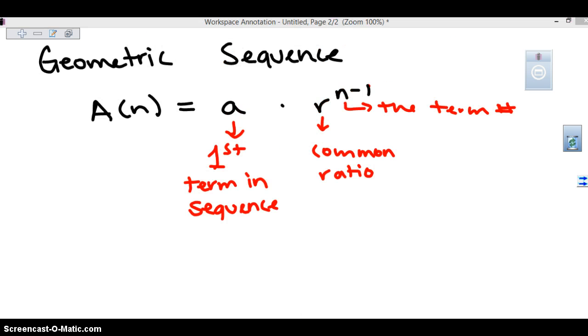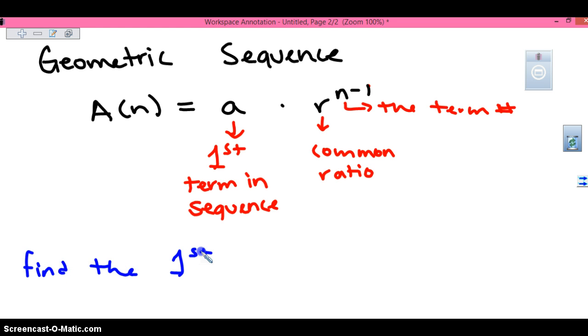So let's say we have to find the first, the fifth, and the 10th term in the following geometric sequence.